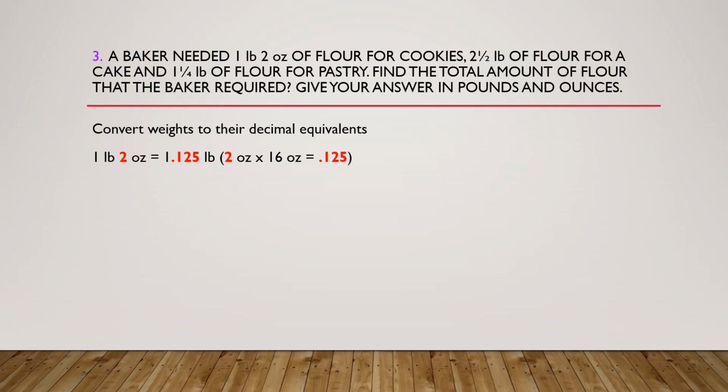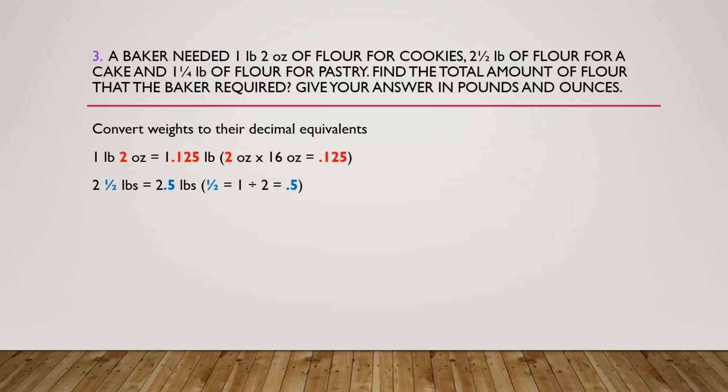2 ounces divided by 16 ounces, the amount of ounces in a pound. 2 divided by 16, decimal 125. So I have 1.125 pounds for the cookies. 2 1/2 pounds, my goodness, I hope we know that's 2.5 by now. But again, 1/2 is 1 divided by 2 equals decimal 5.